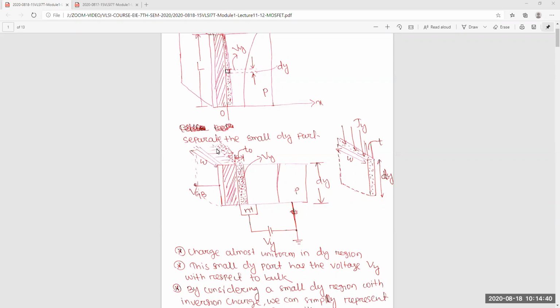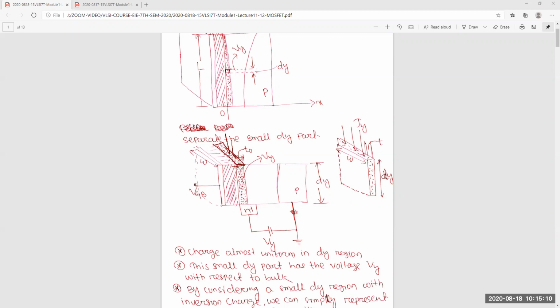That current density is nothing but Jy, and the area is this T0 times W. So area into current density is the current.